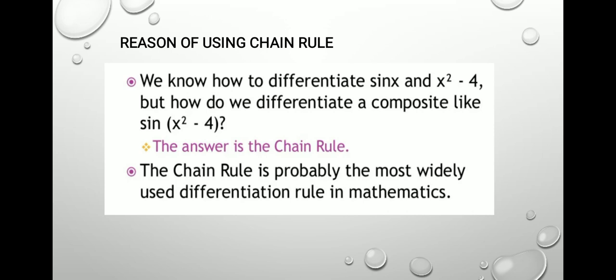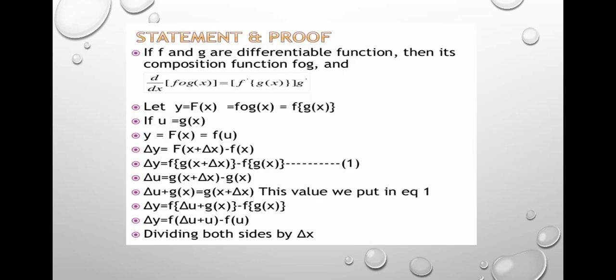Reason for using the chain rule. We know how to differentiate sine x and x squared minus 4, but how do we differentiate a composite like sine of the quantity x squared minus 4? The answer is the chain rule. The chain rule is probably the most widely used differentiation rule in mathematics.